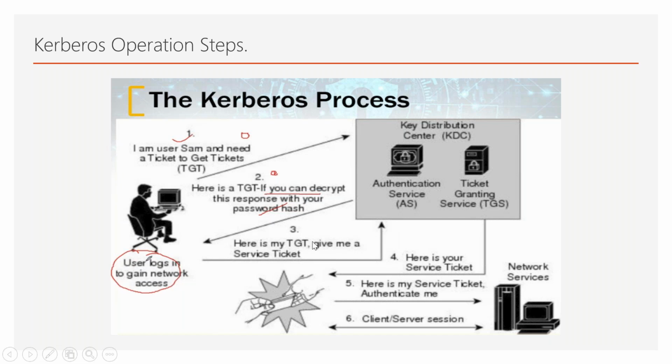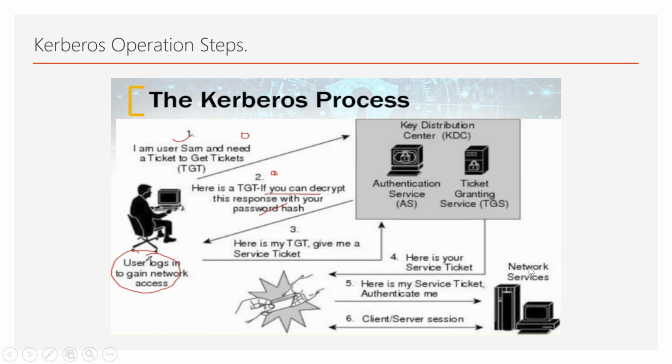Now the user wants to access this particular resource, so the user will send the TGT to get a service ticket. The authentication server will receive the TGT and the TGS will provide the service ticket. The user will obtain the service ticket and send it to the resource.